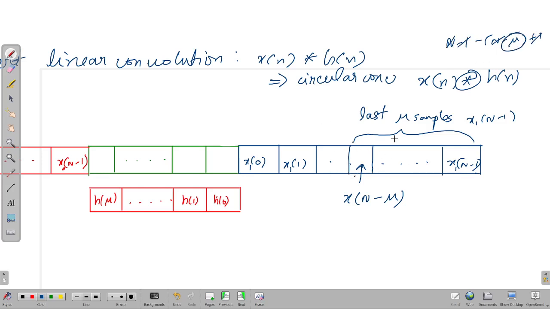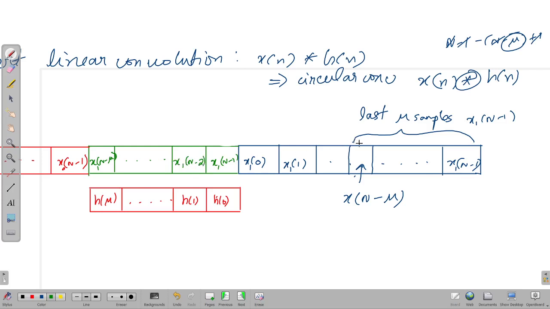I will place these last mu samples here, which means I have x of n minus mu, etc., goes up to x1 of n minus 1. So this symbol would be x1 of n minus 2.